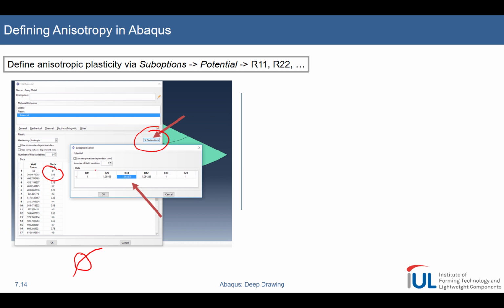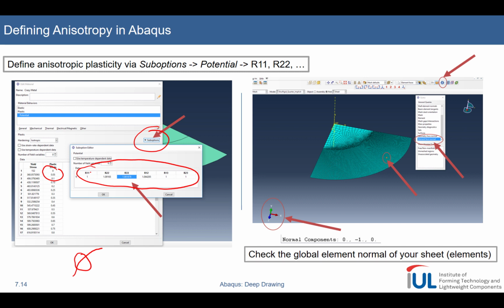Okay, you see the 6 capital R values, and then you define them according to your calculations, and these values you should be familiar with by now since we did it together before. And this is the stuff that you have to define in your material database. And next, how do we tell Abaqus in which direction the anisotropy is defined?